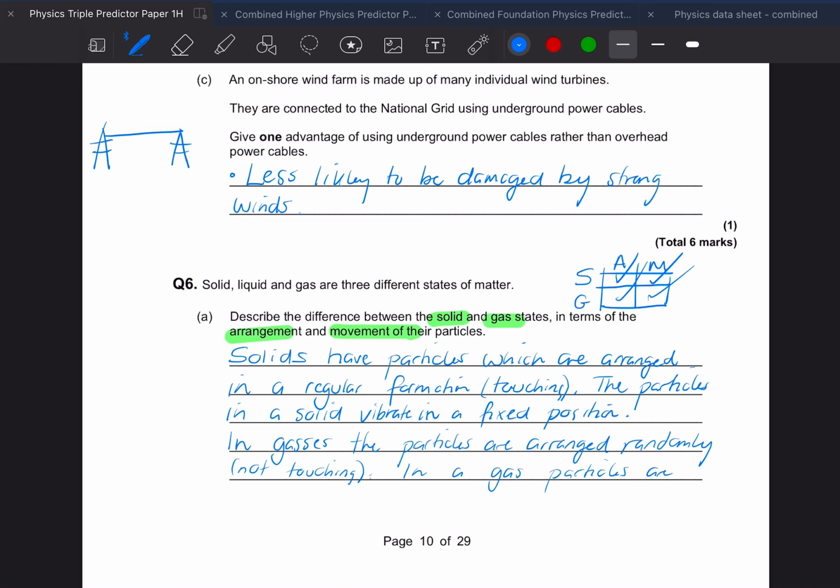We should probably have added in there that they are arranged randomly and they are far apart. Whereas in the solid, they are touching, they are close together. So we've done those two.